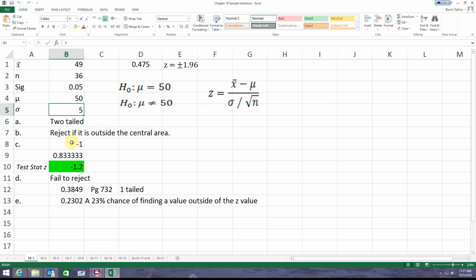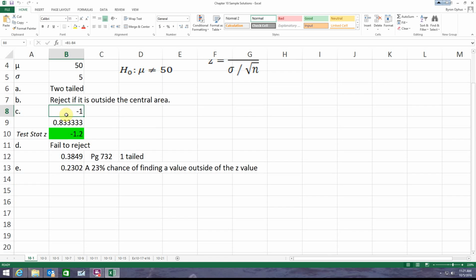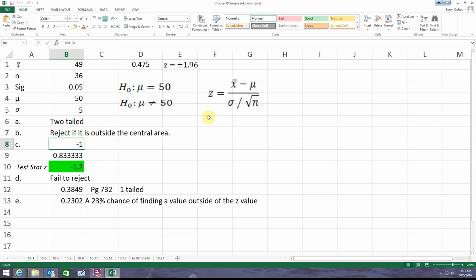So the mean of the sample minus the mu, or the mean that we're testing, is minus 1. Then I've got the standard deviation, which is 5, divided by the square root of n. N is 36, so the square root of that is 6, if I'm not mistaken. So really this is 5 divided by 6.